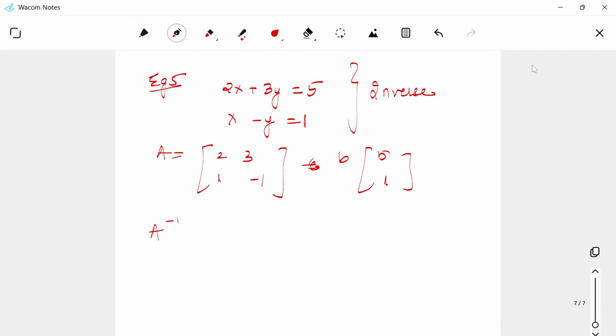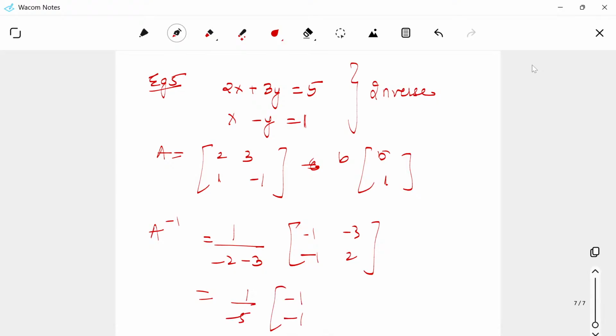A inverse will be 1 by minus 5 times [minus 1, minus 3; minus 1, 2], which equals [1 over 5, 3 over 5; 1 over 5, minus 2 over 5].